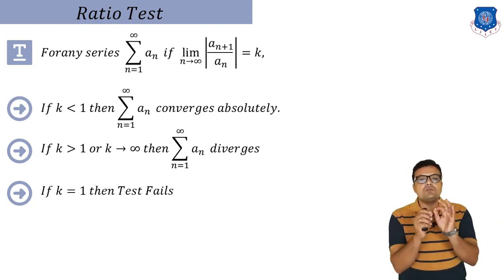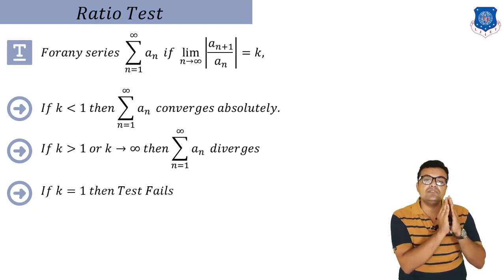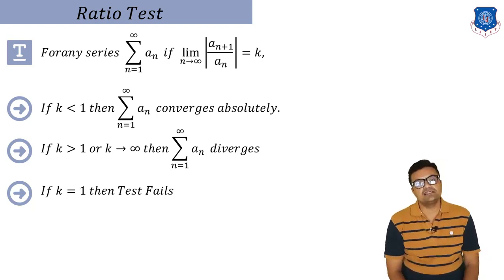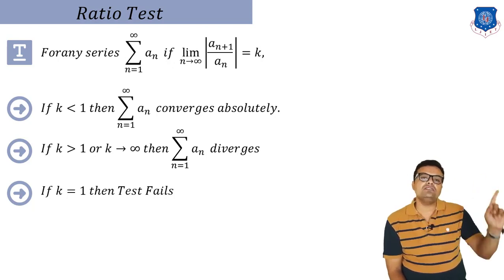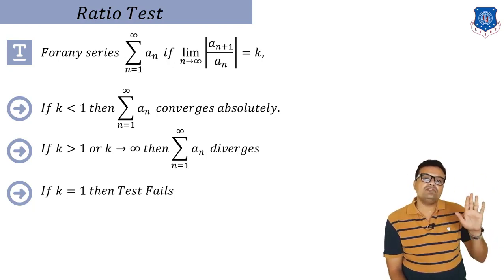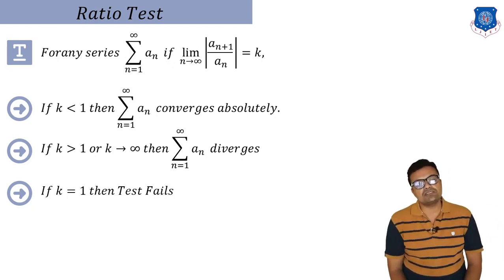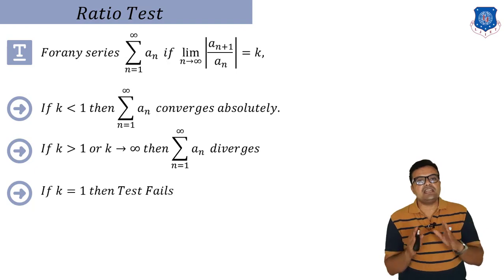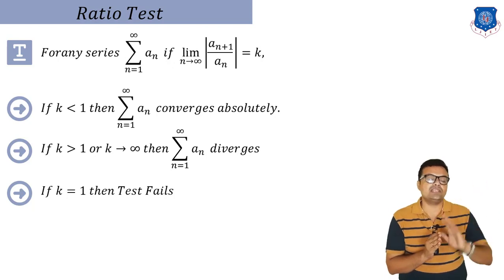That means I am talking about two consecutive terms happening at the infinite stage of the given series. I am not talking about any finite stage. I am checking what is happening at infinity, because if at infinity your values are reducing to 0, ultimately you can say your series is convergent. So I am not interested in any in-between finite stage of the series. I am interested right now only in what is happening at infinity.